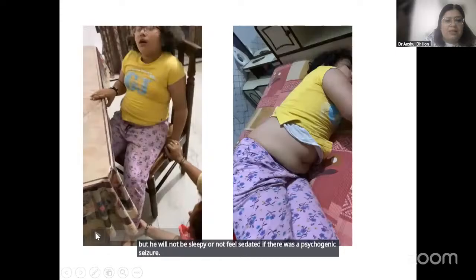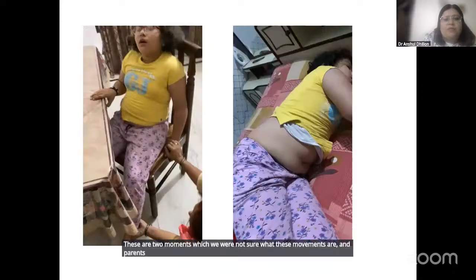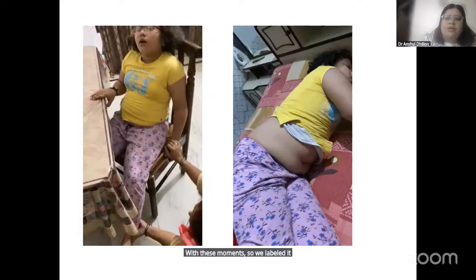So these are two movements which we were not sure about, and the parents were very educated. So finally, we did a prolonged video EEG recording of nearly 24 hours, and we could not find any EEG correlation with these movements. So we labeled them as non-epileptic movements.